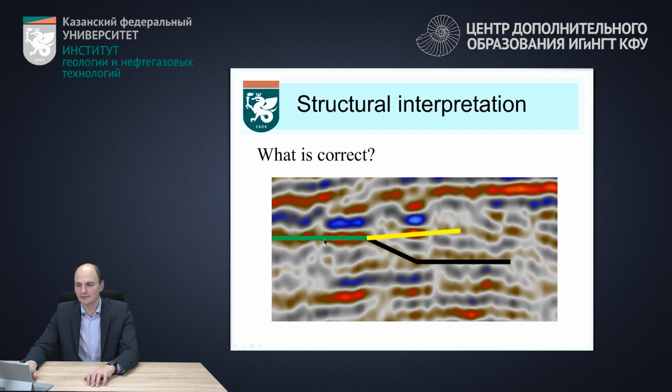That means the thickness is not changing, so the position of this reflection should not change too much. And that's how you can prove that this tracing is correct.